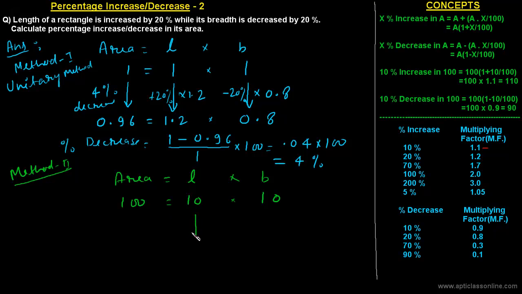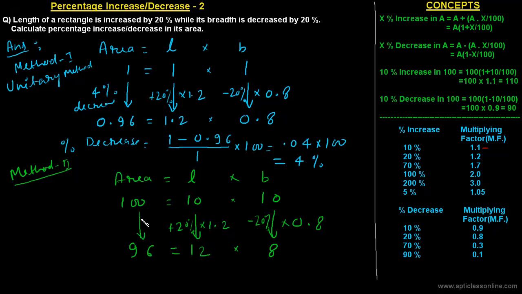So 20% increase in length, as per the question, means it has to be multiplied by 1.2, so 10 will become 12. And a 20% decrease in breadth means the earlier value has to be multiplied by 0.8, that means 10 into 0.8, that is 8. So the new area has become 12 into 8, that is 96.